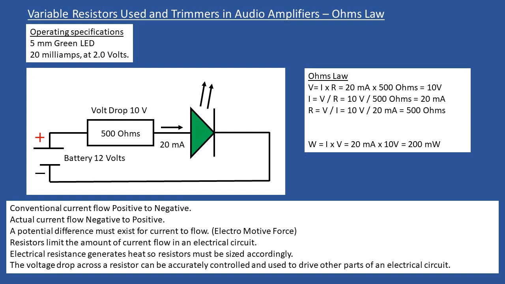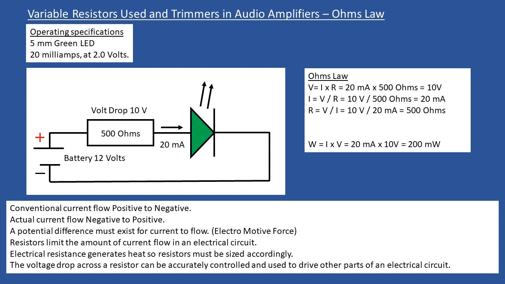And we use a terminology called EMF, or electromotive force. To explain this, if I had a battery which had two terminals, and both of those terminals were negative, so there was no anode or positive terminal, then there cannot be any current flow because there is no potential difference.